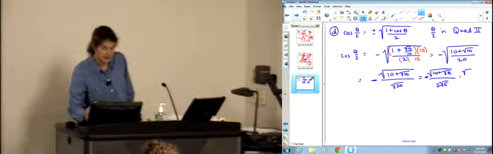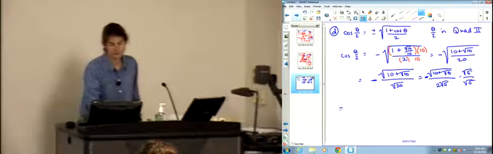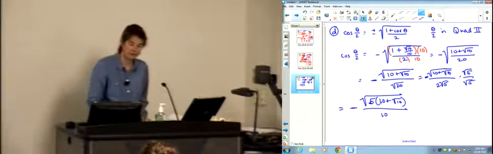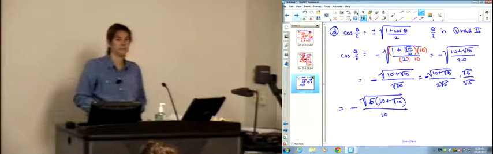We will multiply by the square root of 5 over square root of 5, which gives us the negative square root of 5 times 10 plus the square root of 10 over 10. That's what we get there.